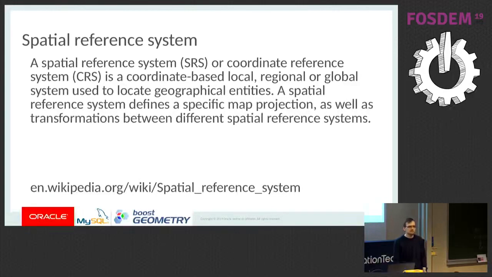In this case, we have to know how this map was created to interpret them properly. The most simple thing that could go wrong is missing units. For instance, we could have a coordinate system using meters or feet.